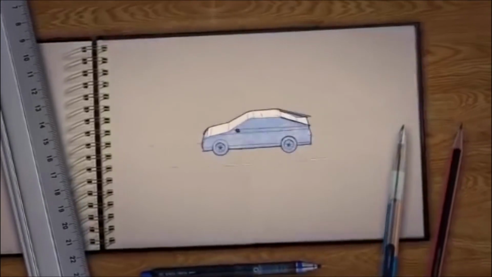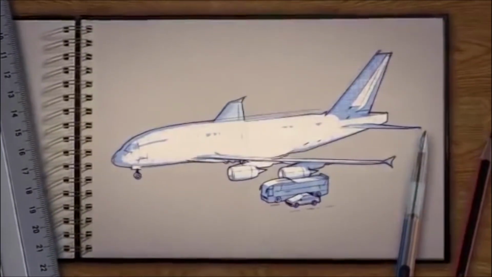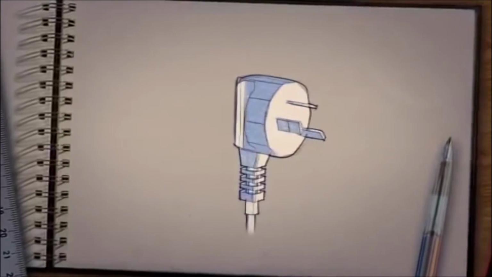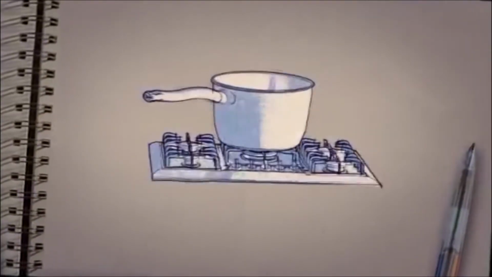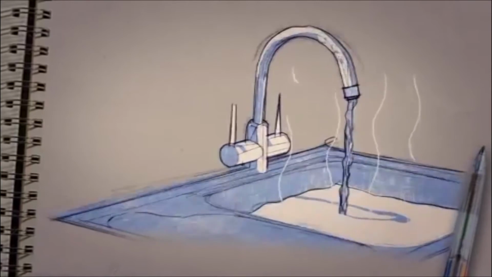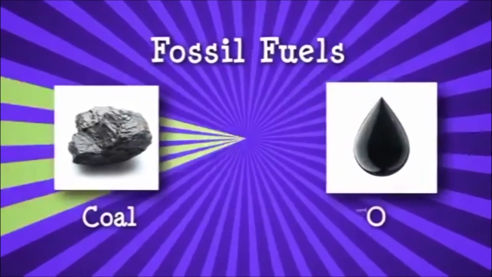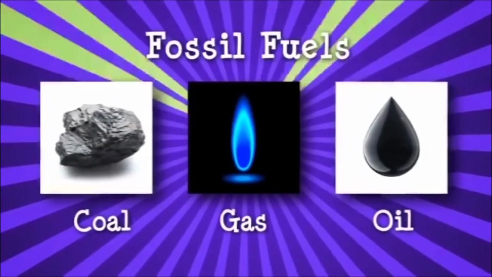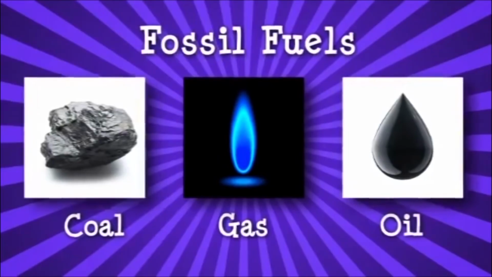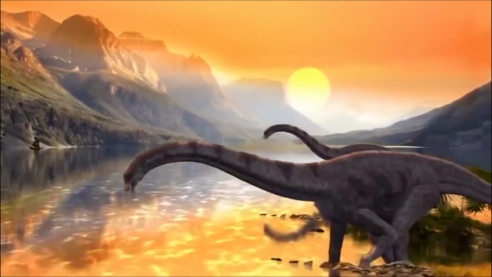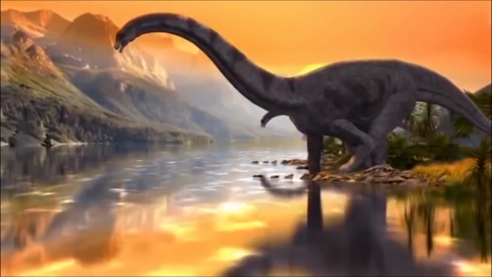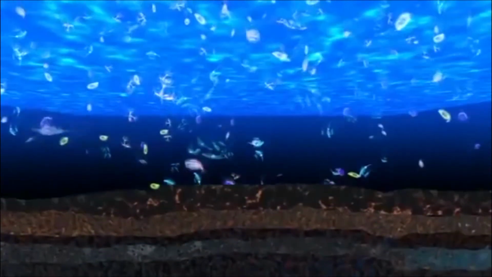What drives our cars, buses and planes, powers our electricity, and allows us to cook our food and heat our water? Most of today's energy needs are met by fossil fuels like coal, oil and gas. These unique, high-energy fuels are non-renewable resources that took millions of years to form. About 2 billion years ago, marine organisms like algae and microscopic animals and plants died and settled on the ocean floor.